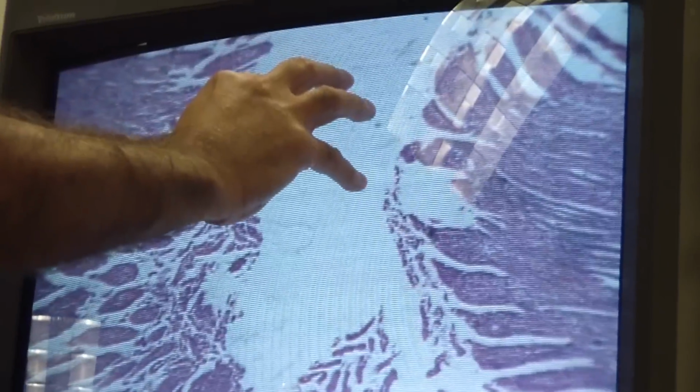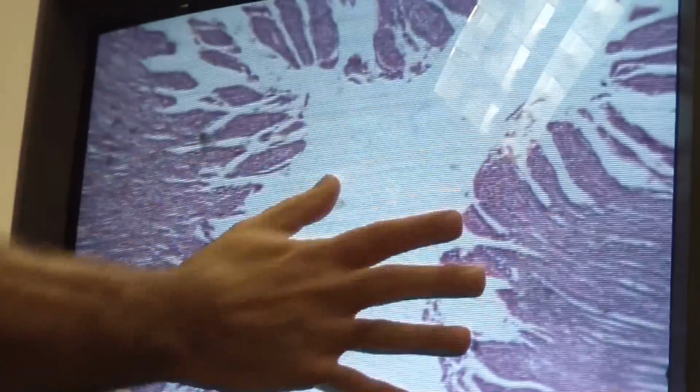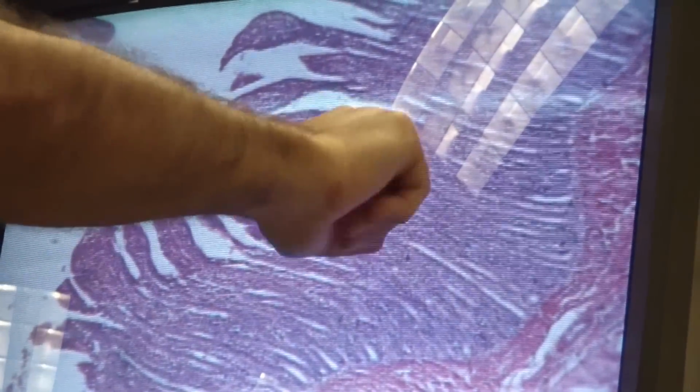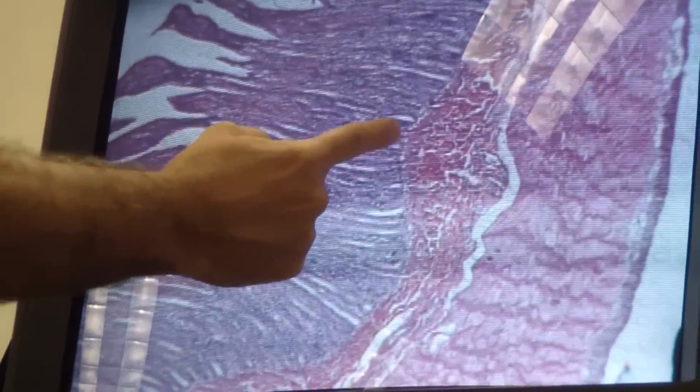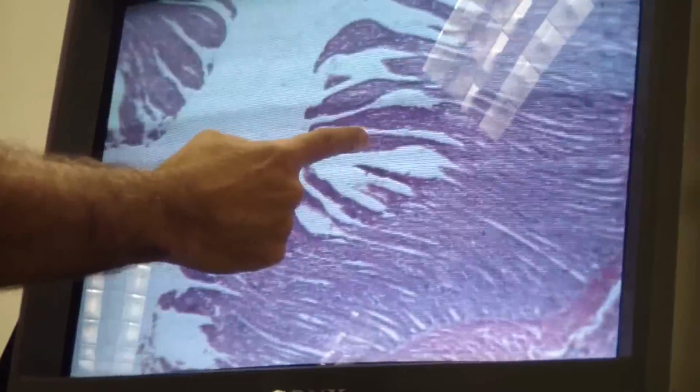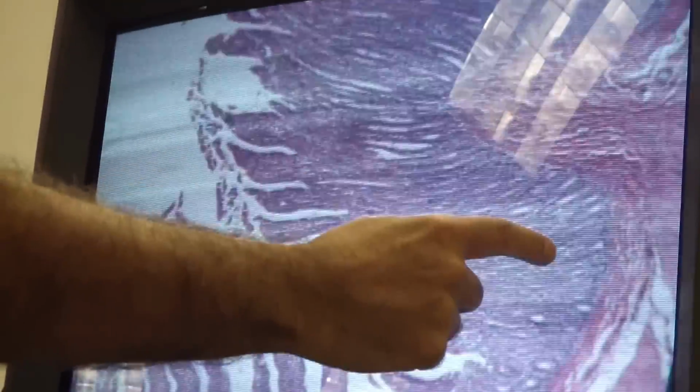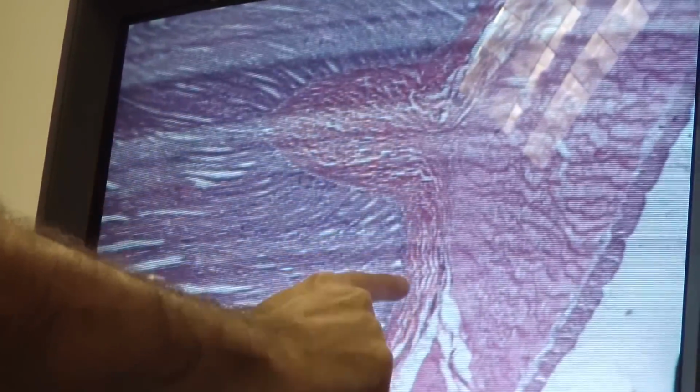This is the lumen right here. These are those villi and microvilli, simple columnar cells. From here to here, that's the mucosa. This is the submucosa.